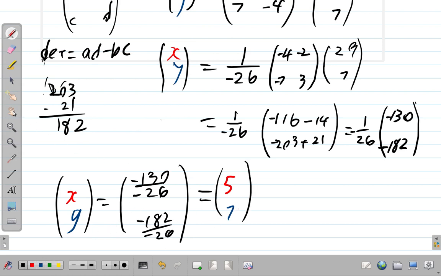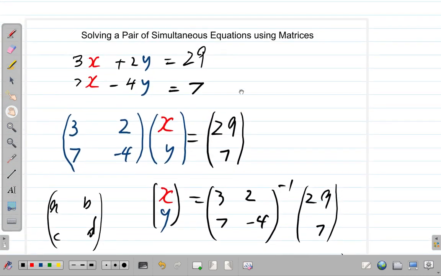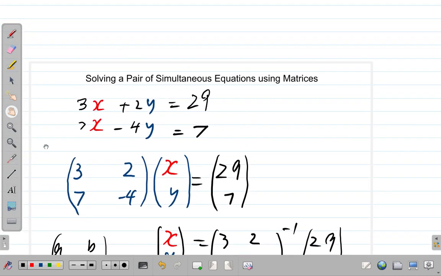So let's go back up here and write it down. So what we're saying is that x is 5 and y is 7. Alright, you can test this to see if it's right. 3 times 5 is 15, plus 2 7s are 14, 15 and 14 is what? 4 and 5, 9, 1 and 1, 2. It works with equation 1.